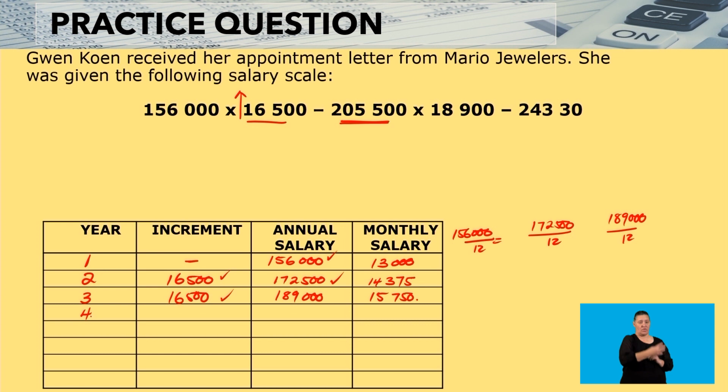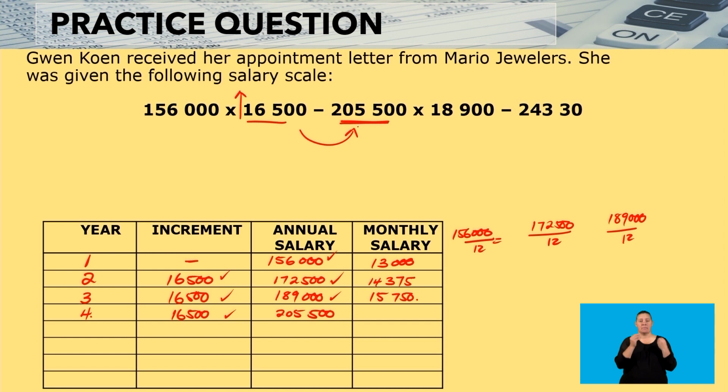In year four, she will still get the same 16,500. Then we will now say 189,000 plus 16,500, 205,500. You see now, she has now reached this amount.